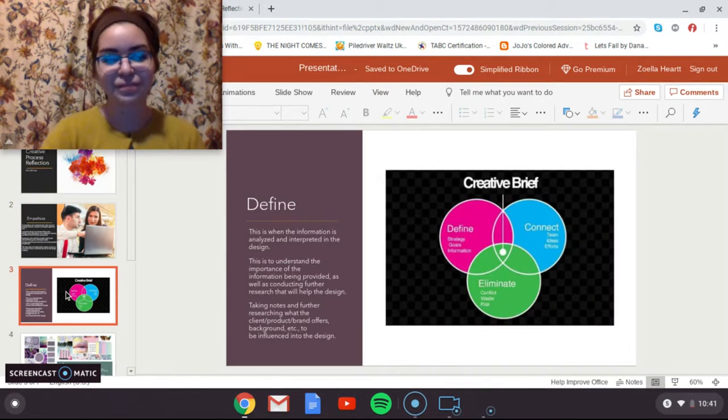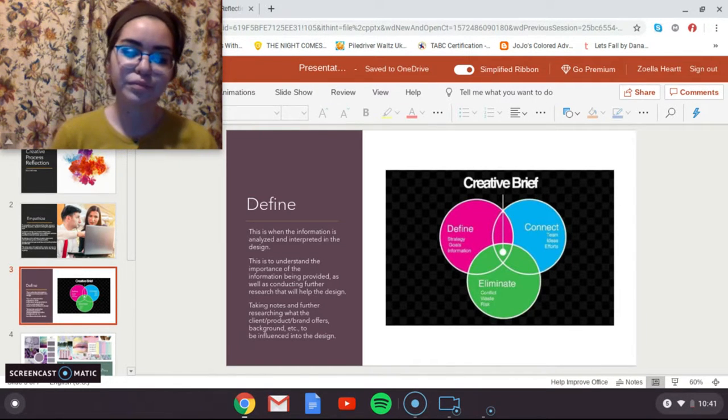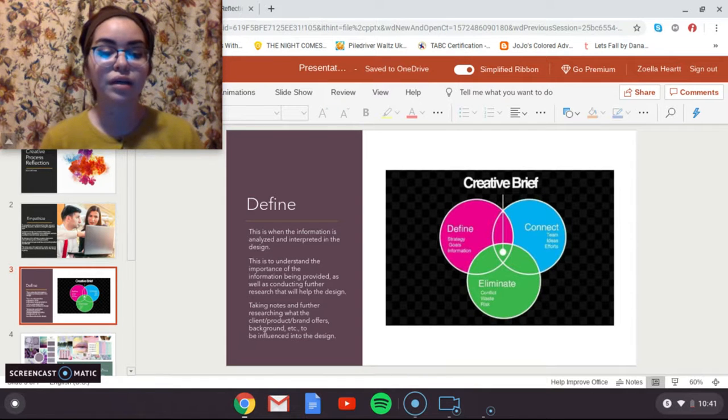Next is define. Now, this is when the information is analyzed and interpreted in the design. This is to understand the importance of the information being provided, as well as conducting further research that will help the design. So, taking notes and doing further research on what the client slash product or brand offers, background, etc., to be influenced in the design.